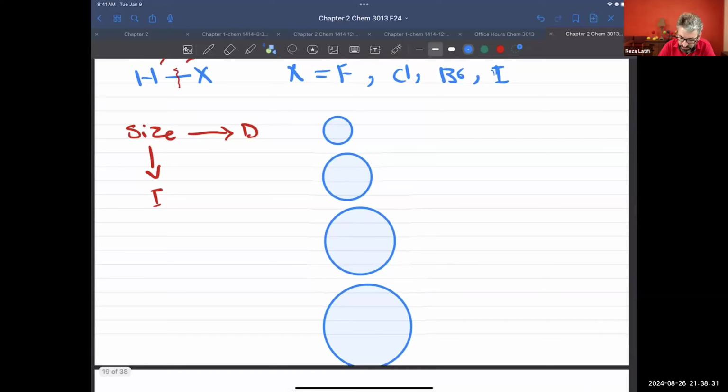Now let's put H. Call this one the H-F bond. This is going to be HCl. This is going to be HBr. And that one is going to be HI.